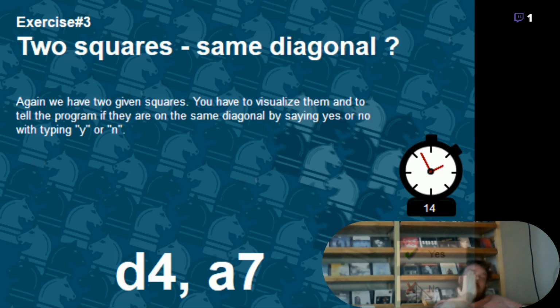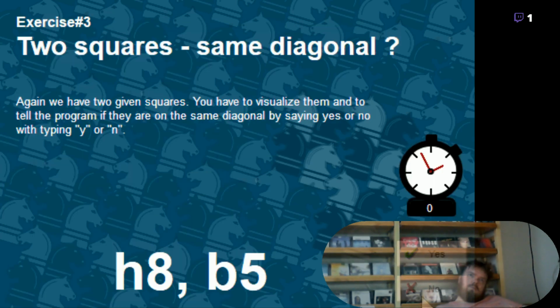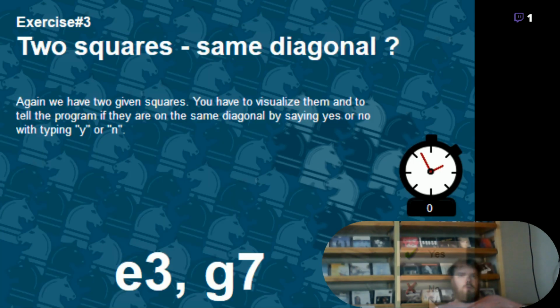D4 does lead to A7. H8 leads to B2 but not B5.